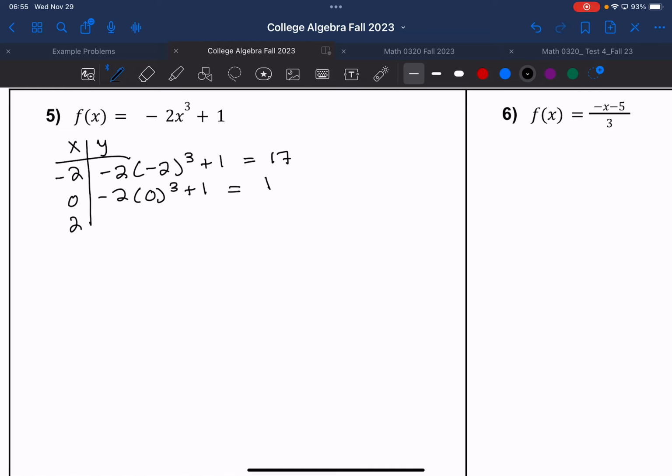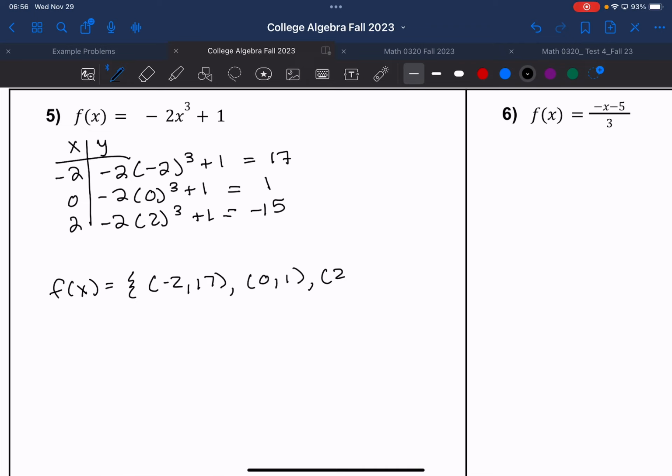And then lastly 2, negative 2 times 2 cubed plus 1 gave me negative 15. Okay. So from here, that just gave me points for my original function. So I have negative 2, 17, 0, 1, and 2, negative 15.